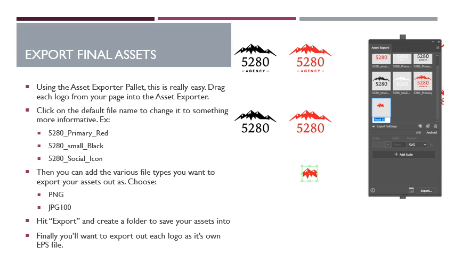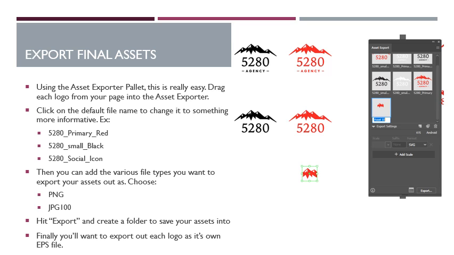So you're going to use this asset exporter palette in Illustrator, which is really cool. All you do is drag each of your logos into the exporter. Once you release the click, a little thumbnail of them appears in there, and they get a default name like asset 1. You can just click on the name and change it to be something more useful.